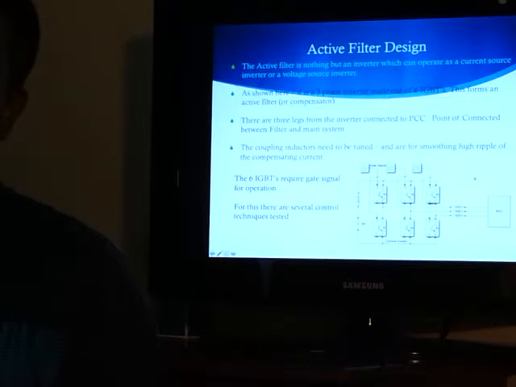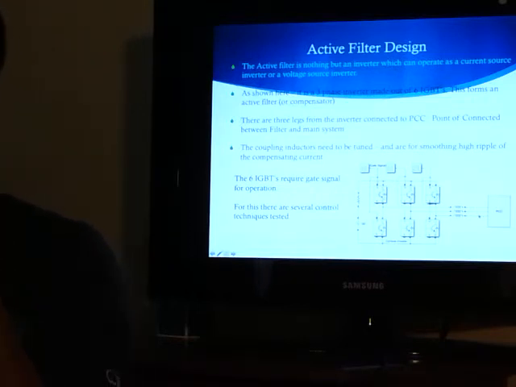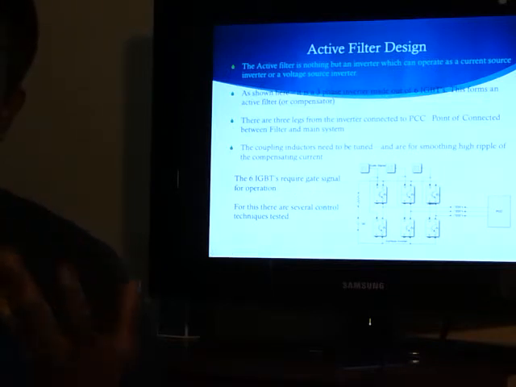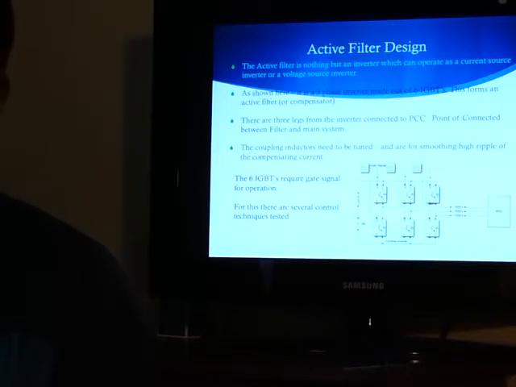The PCC is the point of connection, the place where the shunt active filter gets connected to the main system. Those 6 IGBTs require a gate signal, and that's how they open and close and control the current that flows.